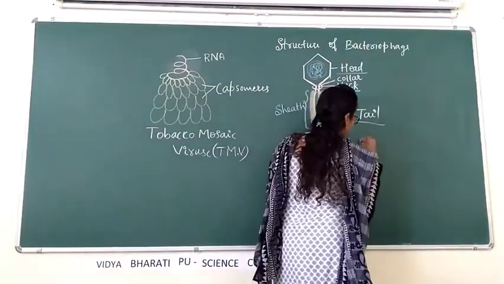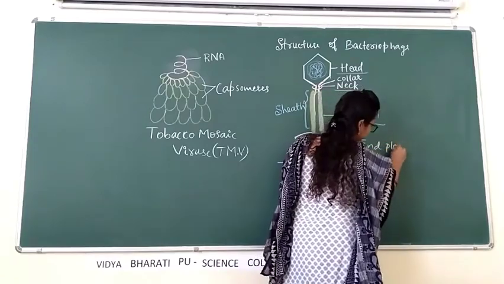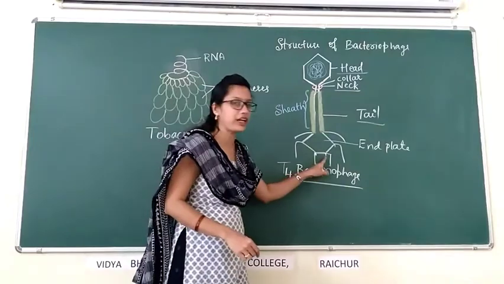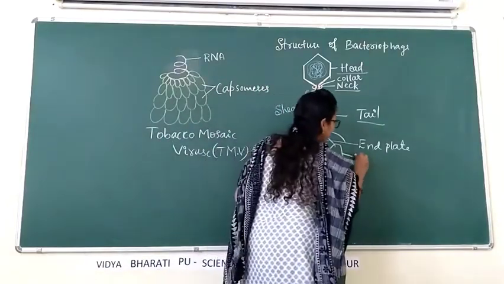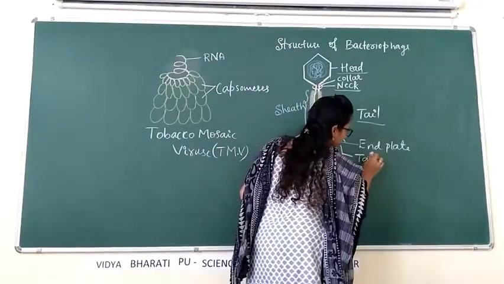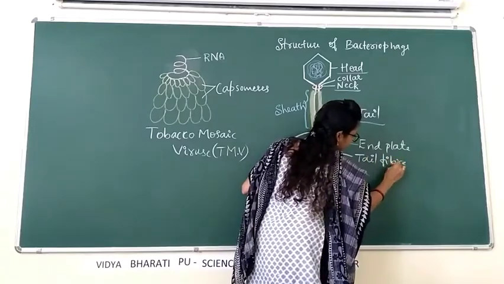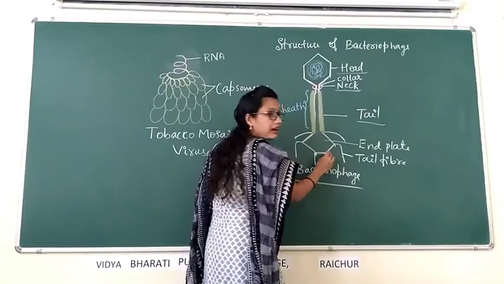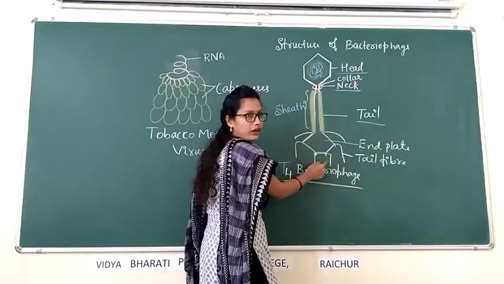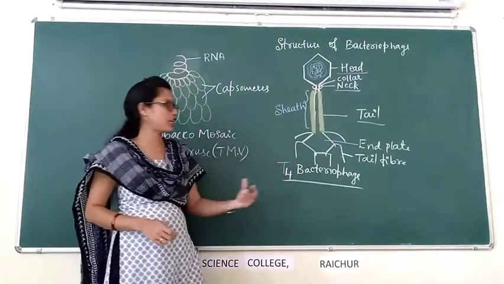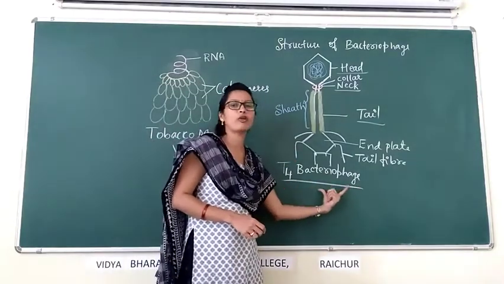This is called the end plate, and this end plate contains tail fibers. This is the tail fiber, and these are tail pins. So this is the structure of bacteriophage T4.